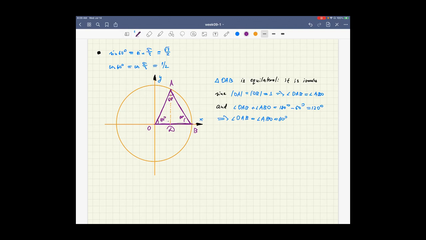Well, that is because this angle is 90 degrees, this angle is 90 degrees. In this right triangle, we have one angle 60 degrees and hypotenuse is 1.